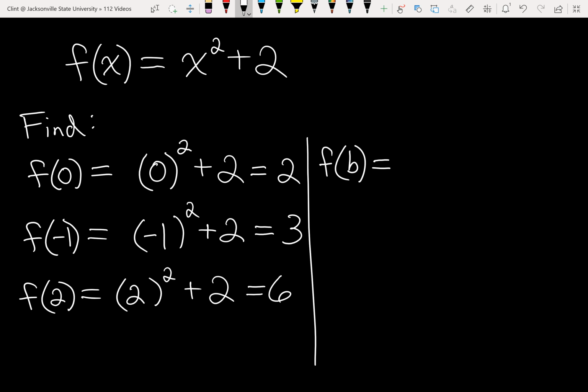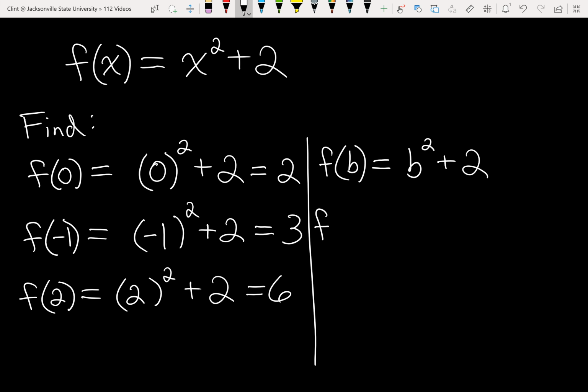Where there was an x, instead of x, we're going to put b, and we want b squared plus 2. So literally all we're doing here is instead of writing down x, we're using the letter b. These are even easier than the numbers because you don't have as much arithmetic to do. So if we say, what's f of b? F of b is b squared plus 2.